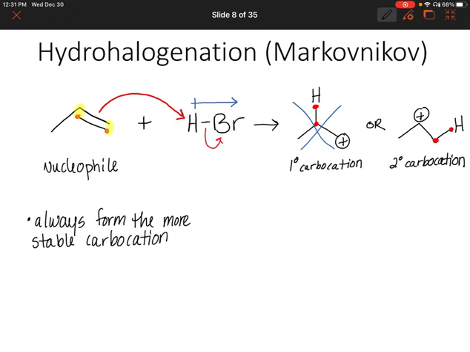Now, we'll also form the more stable intermediate if it has resonance as well. So remember that resonance causes more stability than a tertiary carbocation, which is more stable than a secondary carbocation, which is more stable than a primary carbocation. So we'll always form the more stable intermediate.